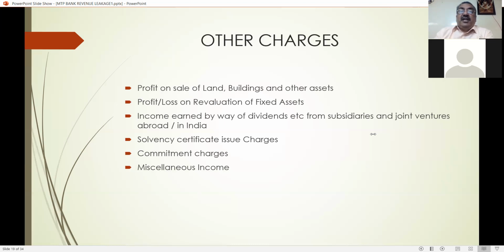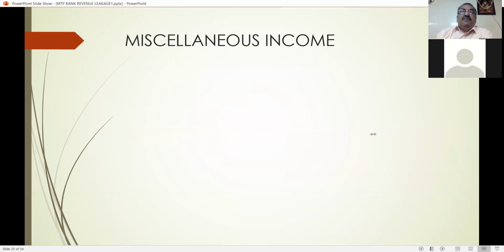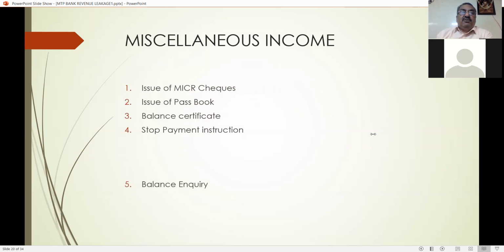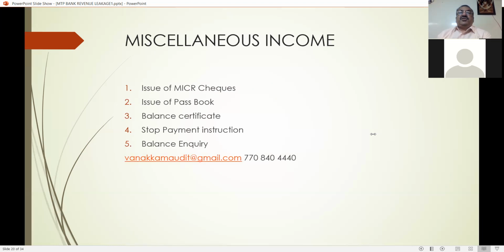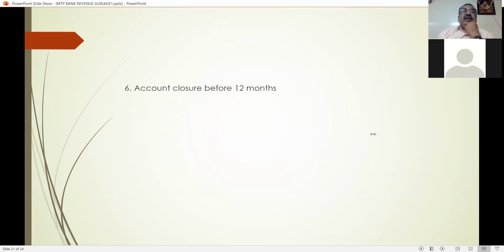Then calculation of the miscellaneous income. What all comes under the miscellaneous income? I'll just go fast. MICR check, issue of passbook, balance certificate, stop payment instruction, balance inquiry, and account closure before 12 months. Suppose you open the account and close it before 12 months, you have to pay some charges.